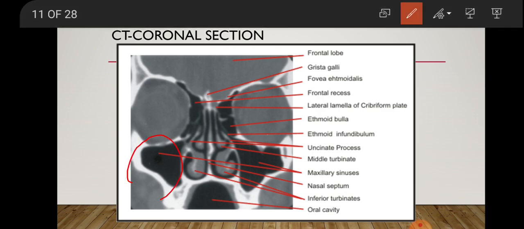So this is the maxillary air sinus, and then this is the frontal, and then this is the ethmoidal air sinus. The sphenoidal is difficult to see in this view. In the sagittal section you can better visualize the sphenoidal air sinus. In the coronal section you can visualize the frontal, ethmoidal, and the maxillary air sinus.